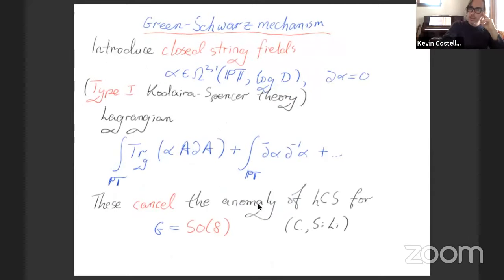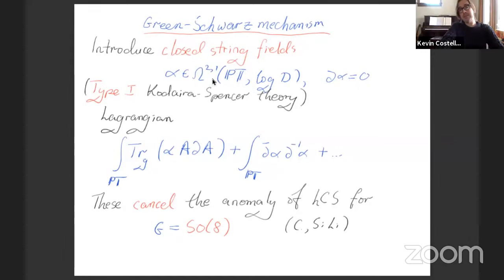Well, it turns out that sometimes you can cancel this gauge variation by introducing closed string fields. So this cancellation is the topological string version of the famous Green-Schwarz mechanism in the 10-dimensional string.